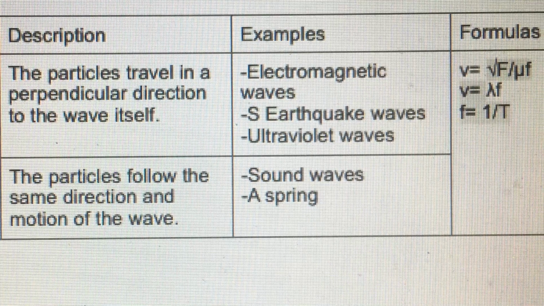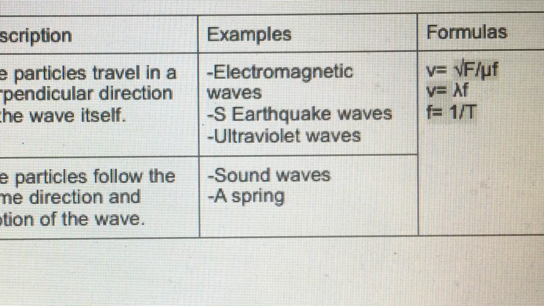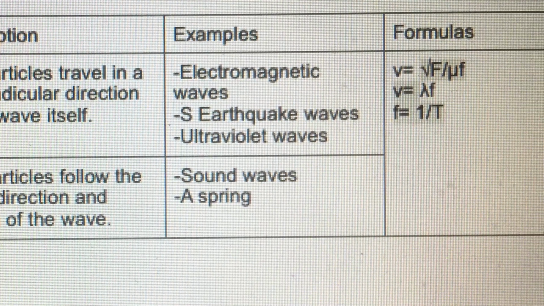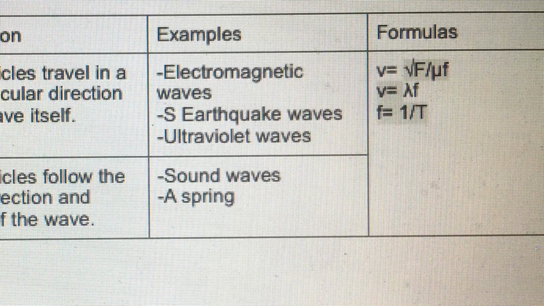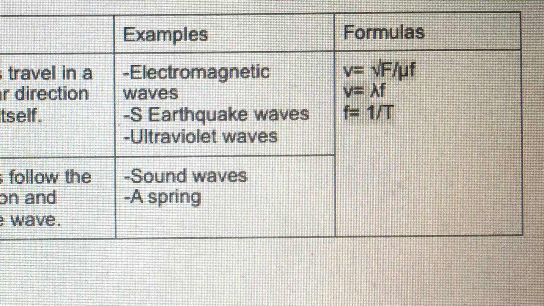And as you can see, we have the formulas that are used to calculate the velocity and the frequency of both waves. Also, we gave them examples, like UV waves, radio waves, sound waves, and many more.